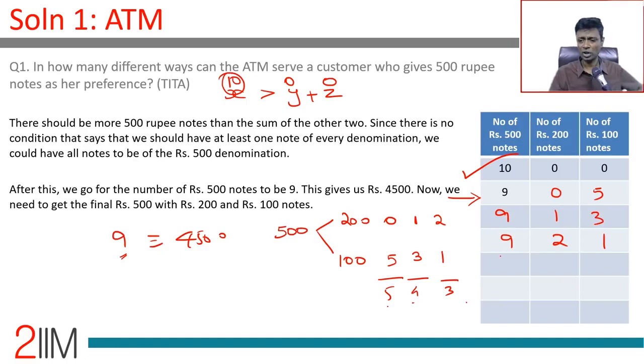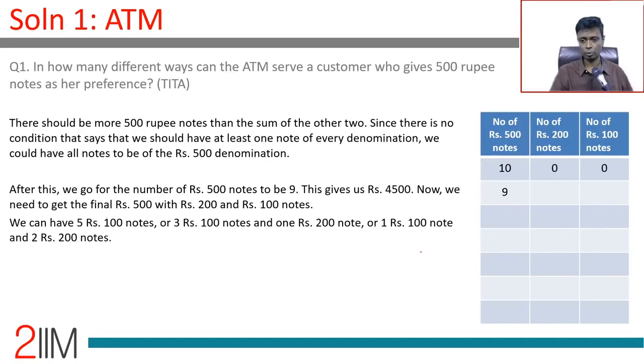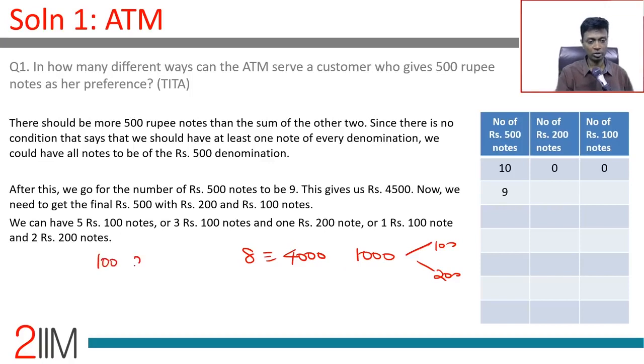Of course, after this, we could have 8 500 rupee notes. So 8 500 rupee notes correspond to 4,000 rupees. That means we have 1000 rupees remaining between 100 and 200. So 100 rupee notes and 200 rupee notes amounting to 1000 rupees totally. One extreme is we have 5 of the 200s and 0 of the 100s.